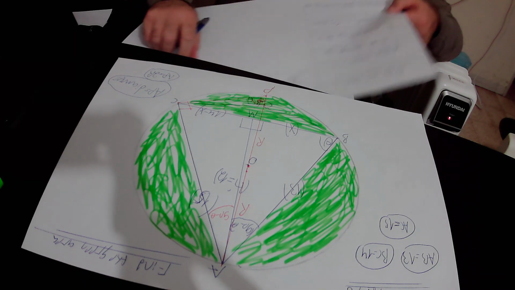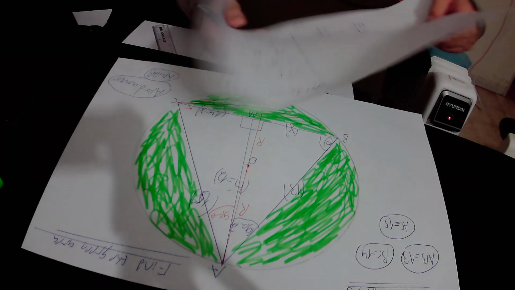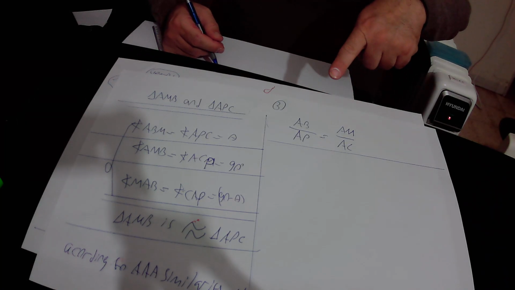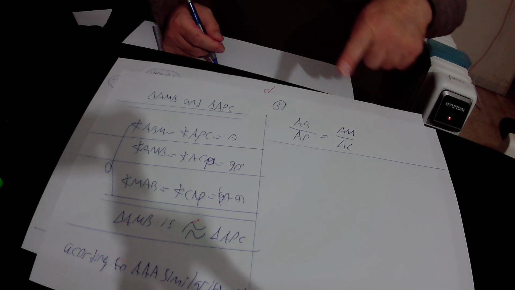Repeat again, we derive that AB over AP equals AM over AC.